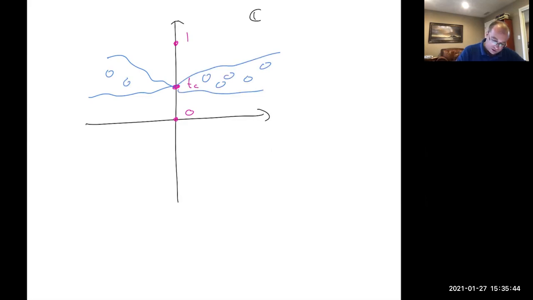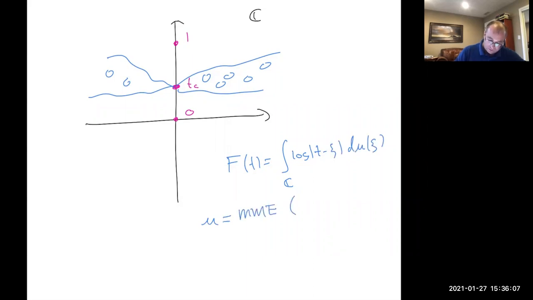And the free energy, F of T, up to some adjustment, is this integral over C, the logarithmic potential, log of T minus zeta d mu zeta. And mu is the measure of maximal entropy of the renormalization map.